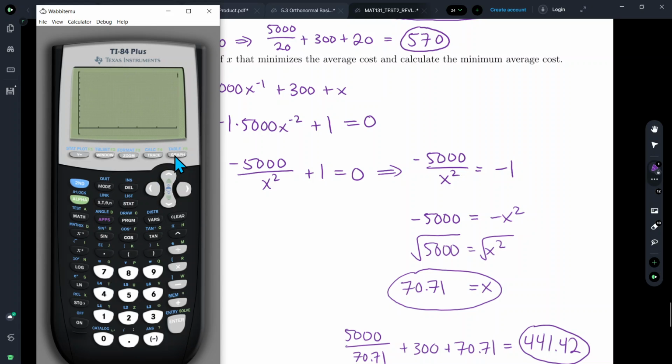So let's graph this. So it's outside of this window, and you can see the x values are fairly large, right? So let's change the window. It doesn't make sense to produce negative things, right? So let's say x max goes to 100.